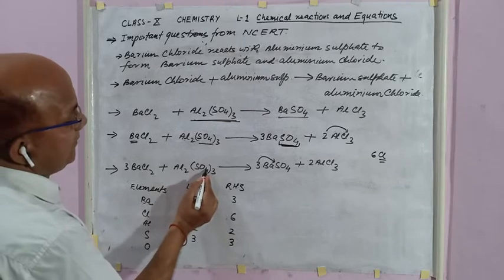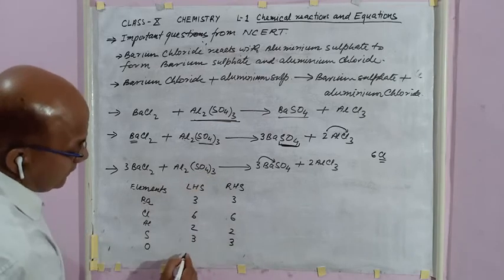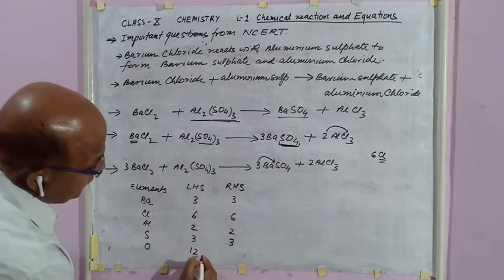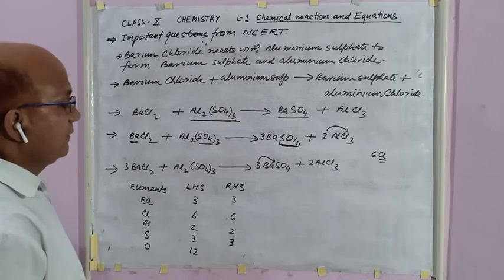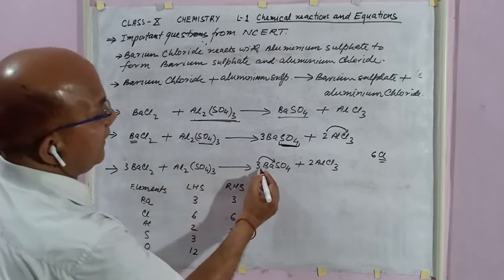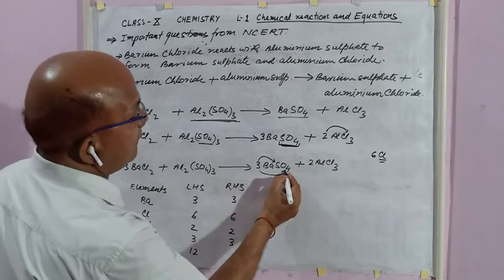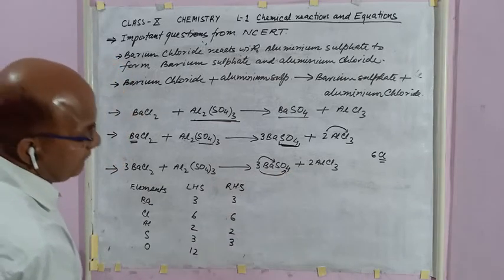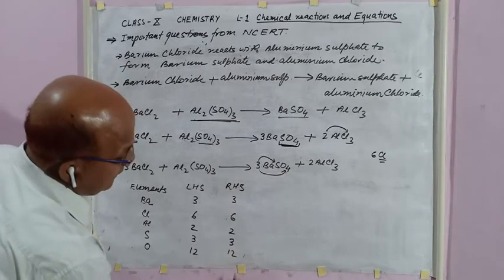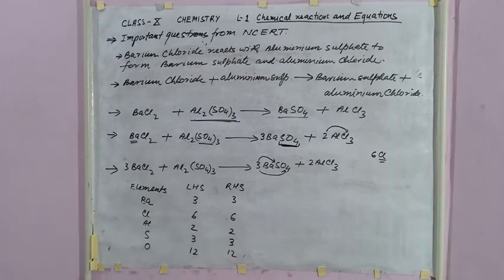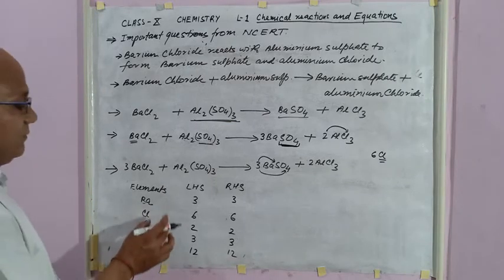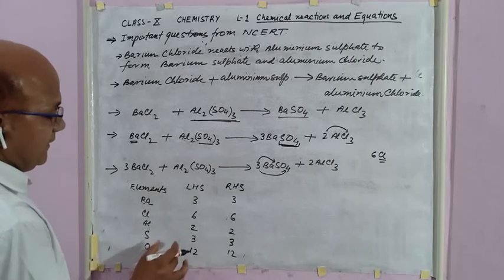SO4 whole thrice means 4 3s are 12. So 12 oxygen atoms on the left side, and 3 4s are 12, 12 oxygen atoms on the right side.